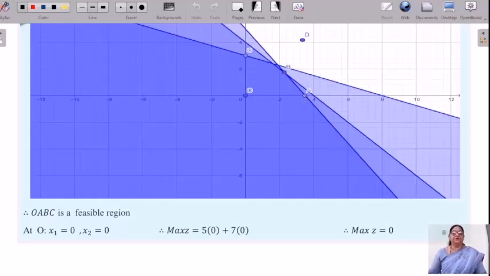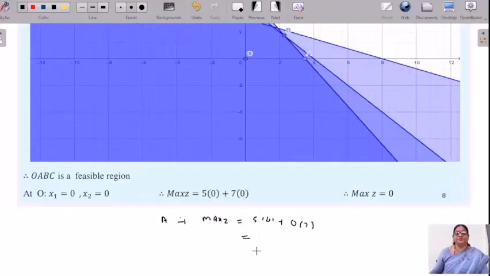At point A, maximize z equal to 5 into 4 plus 0 into 7, which is 20 plus 0.